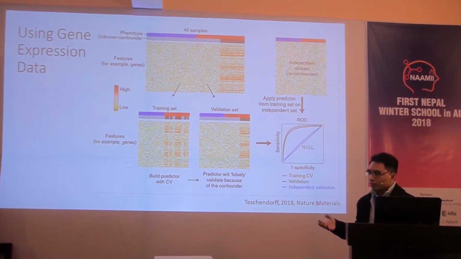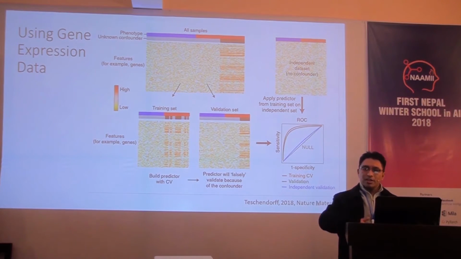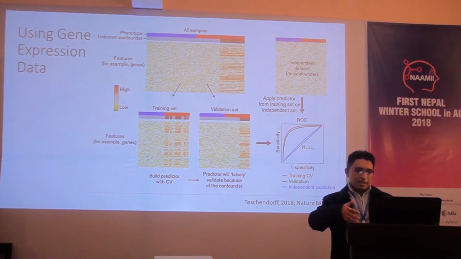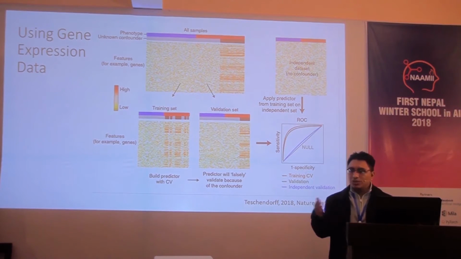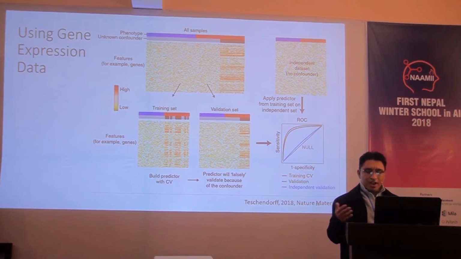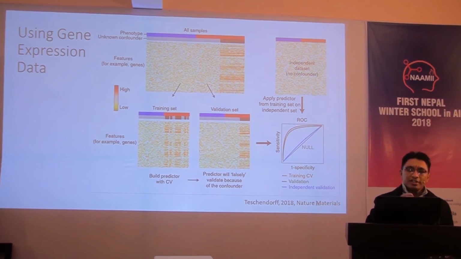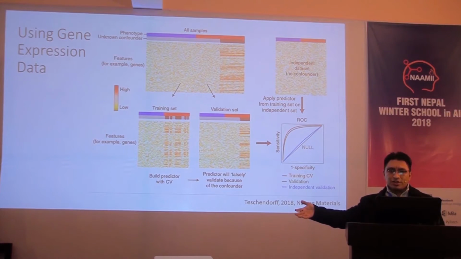Now say, for example, you want to look at a classification problem, healthy versus diseased person, or cancer state versus healthy state. Now you can do a classification problem and try to identify those genes which distinguish those healthy individuals from the cancerous individuals.